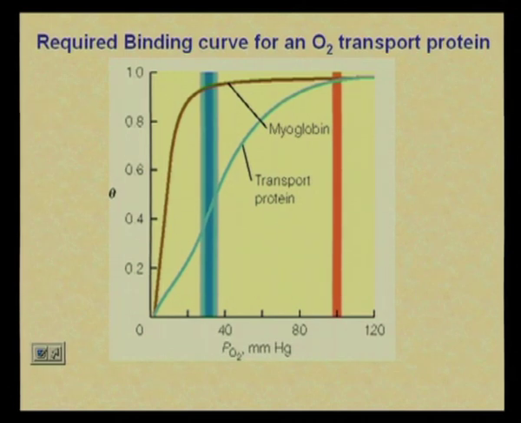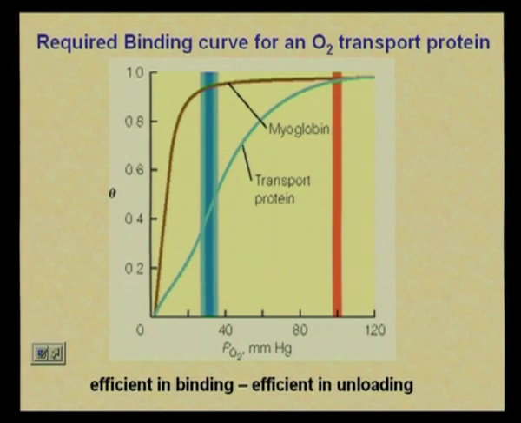So, we have to have a transport protein that is going to behave like this. How is it going to behave? It is going to be highly saturated in the lungs, and it is going to be efficient in the unloading of the oxygen in the tissues.